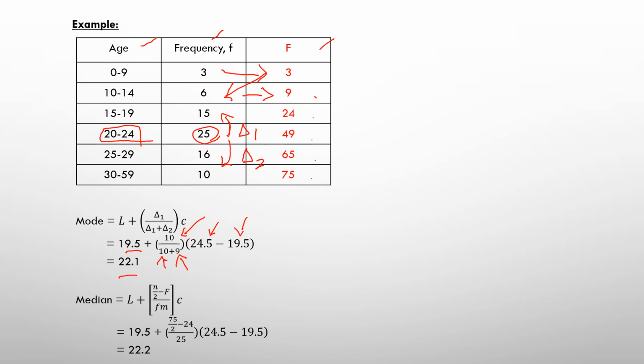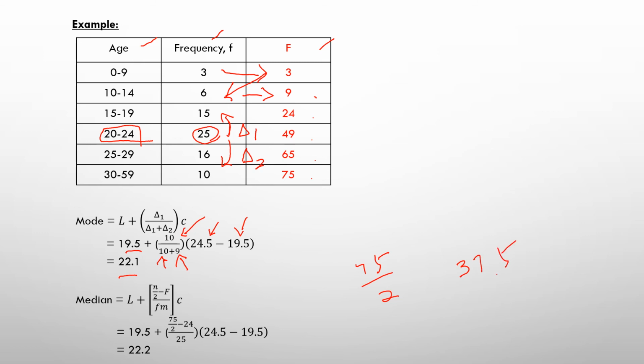So for the median, L is the lower boundary of the class containing the median. Because we have 75 as the total frequency, we divide by 2 and we get 37.5.